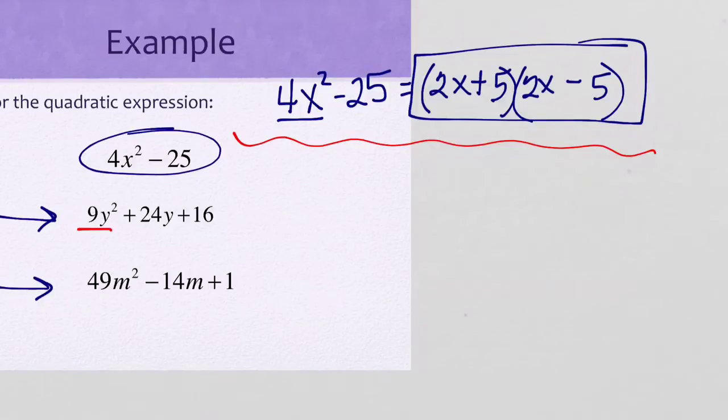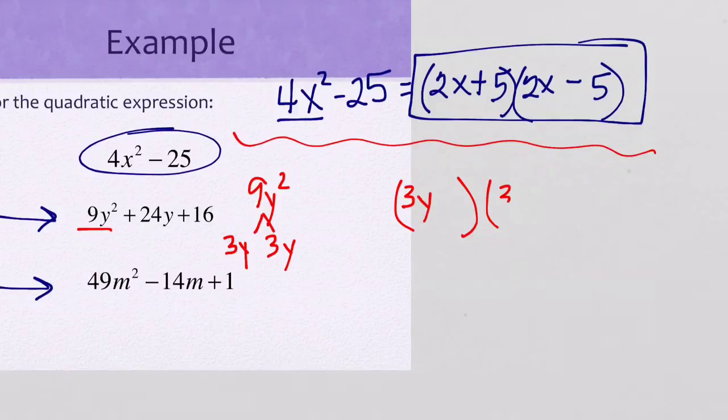Up here we have a perfect square. 9y squared breaks down into the roots of 3y times 3y. So as we go to factor this one, our first term should be 3y. Now let's look at the last term. It is also a perfect square. 16 breaks up into 4 and 4.